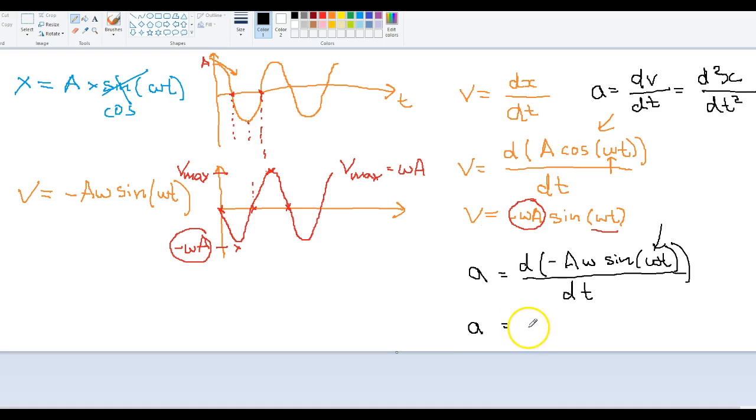So we have minus A times omega times cos omega t, and then we have to multiply by omega again, so that becomes omega squared. So the acceleration at any given point in time is given by this equation.